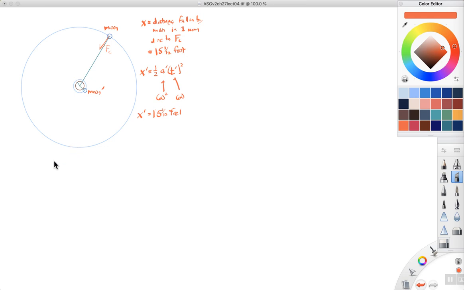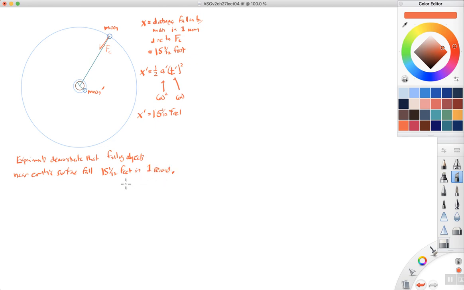Now, why is this important? Because it just so happens that experiments demonstrate that falling objects near Earth's surface fall just about 15 and 1/12 feet in 1 second.